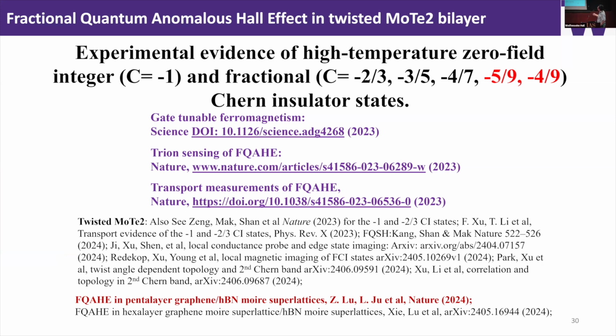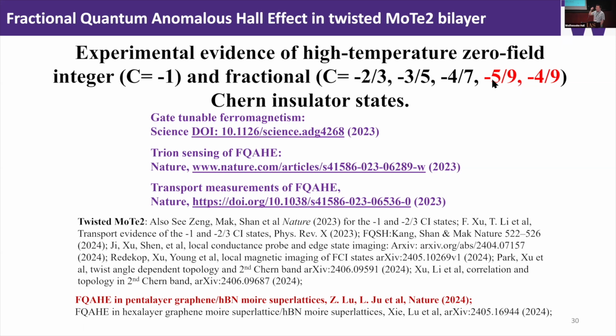So far, we have observed the high temperature quantized anomalous Hall effect at Chern number 1, and also several fractional Chern insulator states. The two states I highlight in red font are new states we just recently found. I think they are there, but we still need a bit more measurements to firmly establish them.